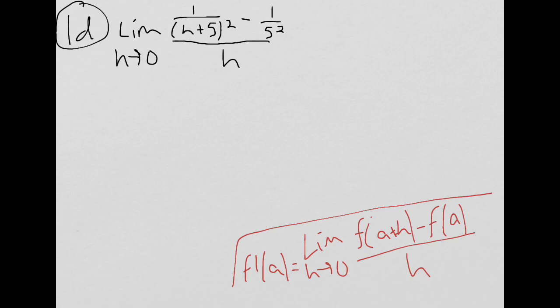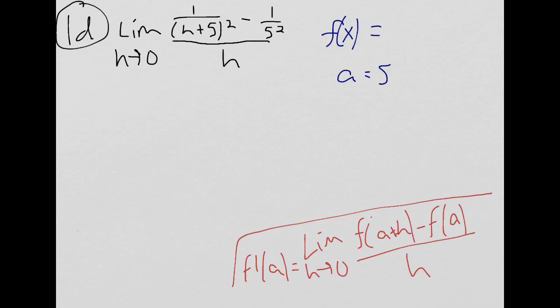So f of x for this one is, well, I've got a 1 over h plus 5 squared, and then a 1 over 5 squared. We should recognize that we think that a is going to be 5, right?